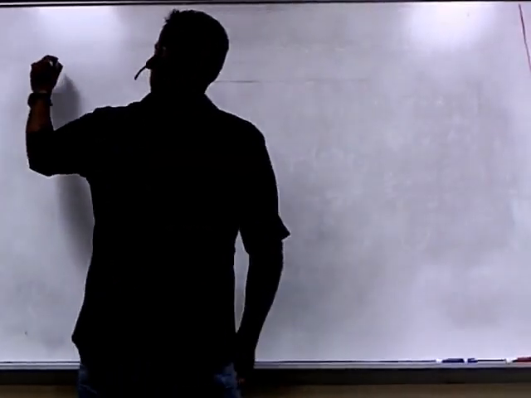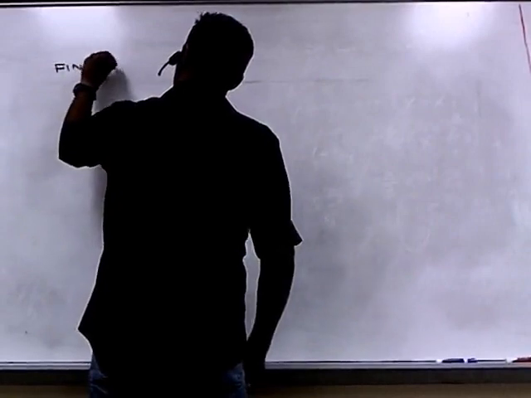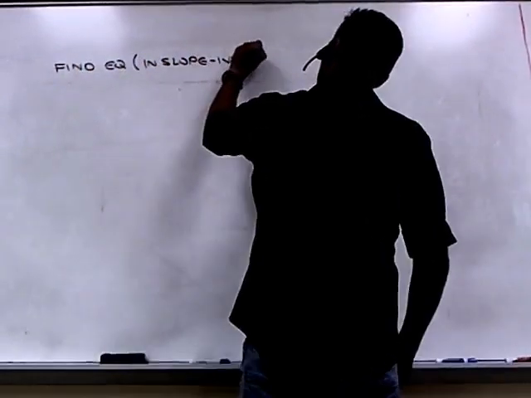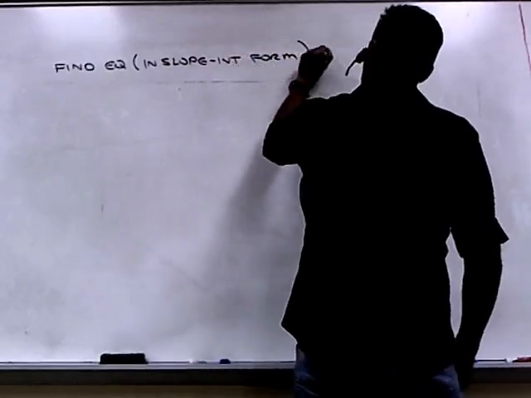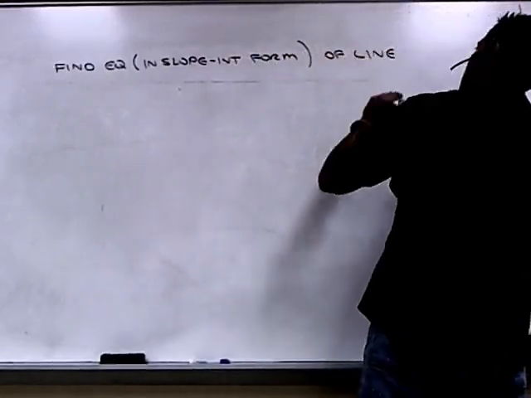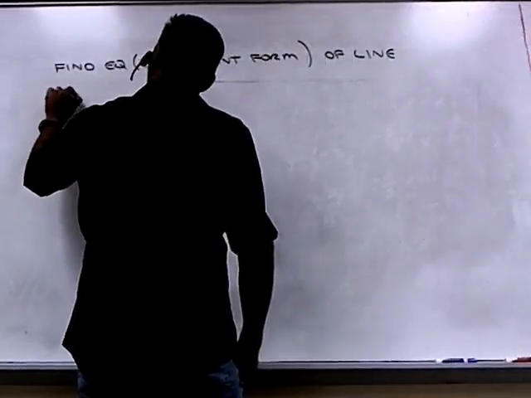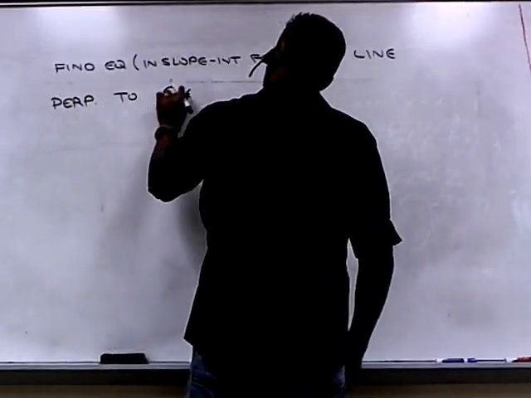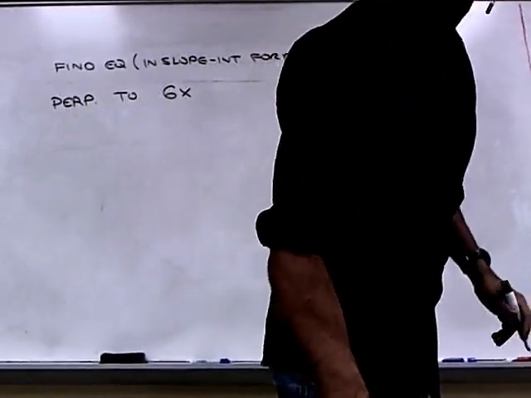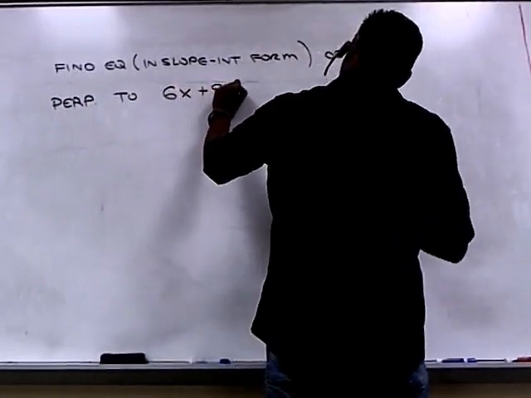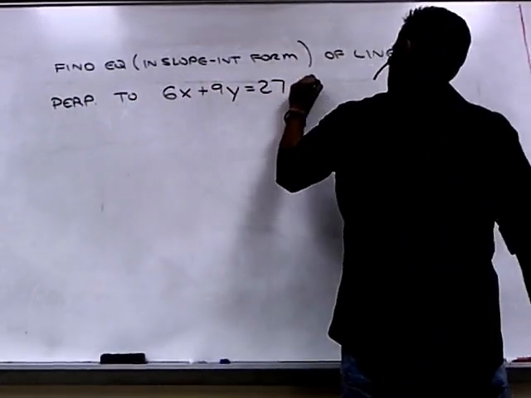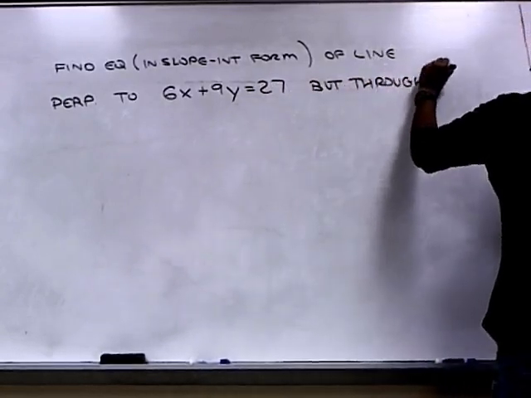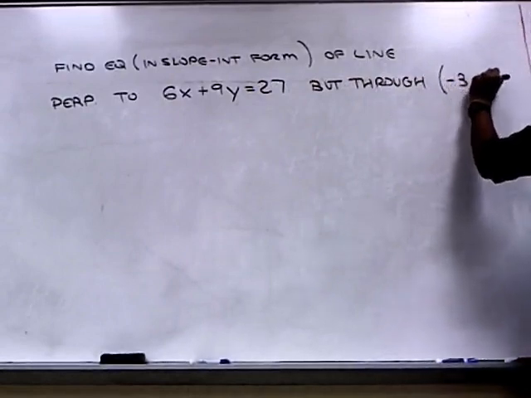So, find the equation in slope-intercept form of the line perpendicular, I'm just going to put perp, to 6x plus 9y equals 27, but through the point negative 3, negative 5.